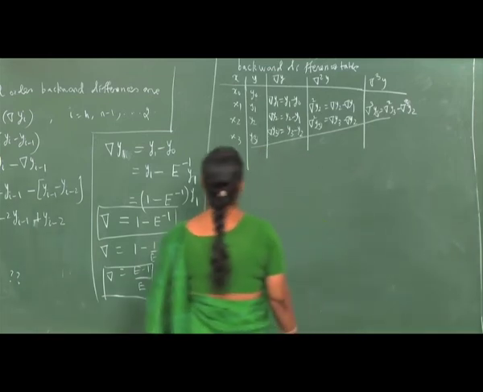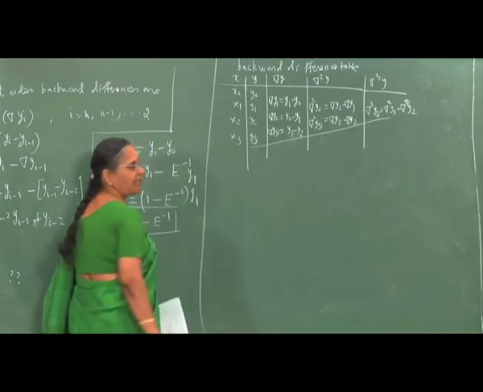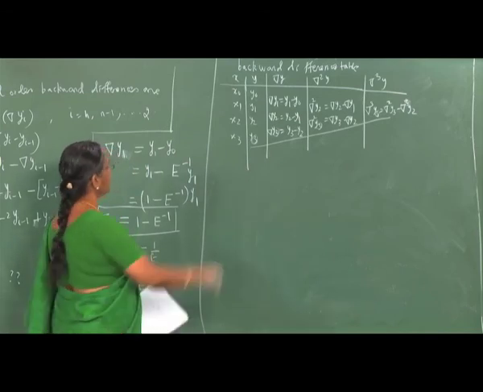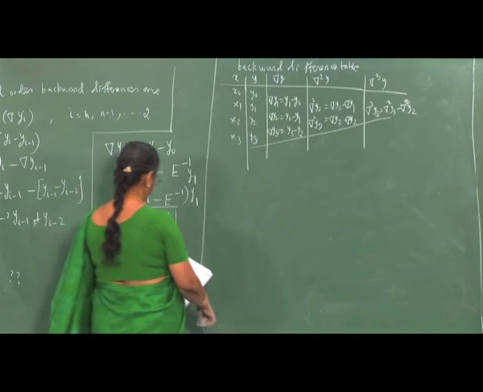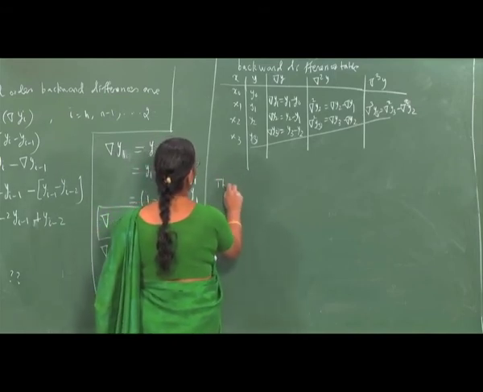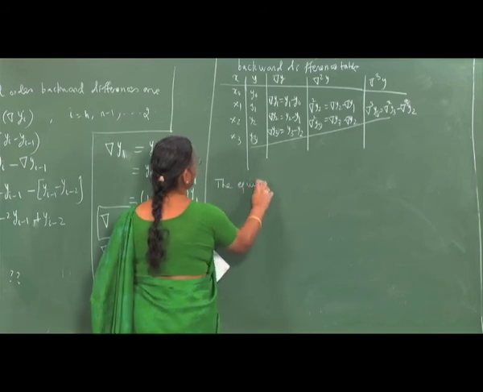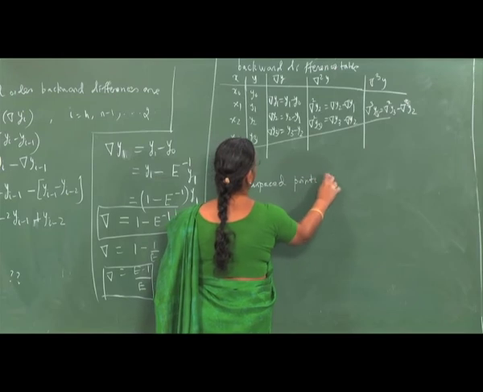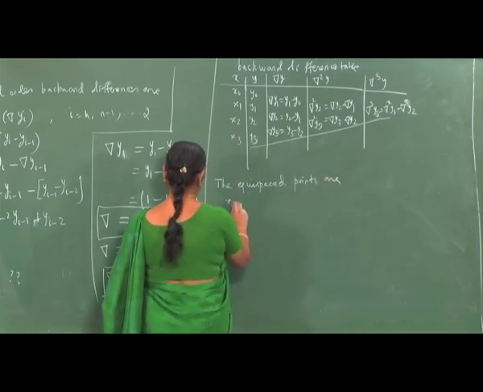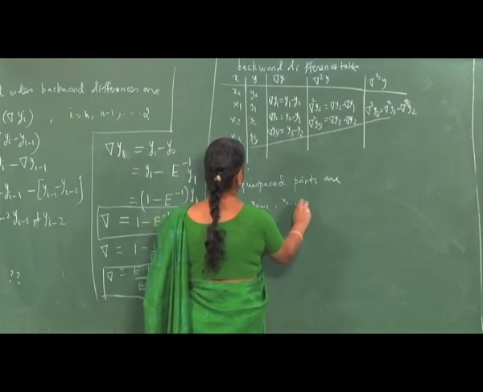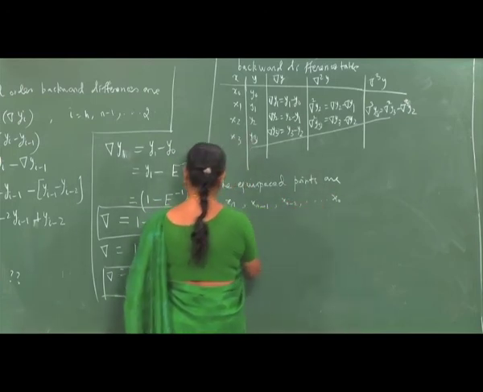So, let us now get the interpolating polynomial when the information is given at a set of discrete points. Here, let us call the equispaced points xn, xn minus 1, xn minus 2, etc., up to x0.